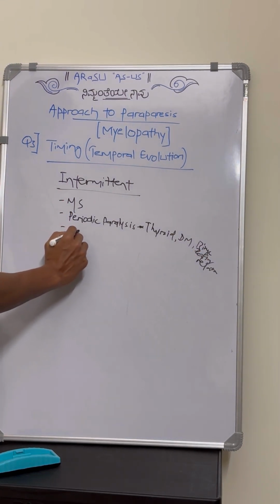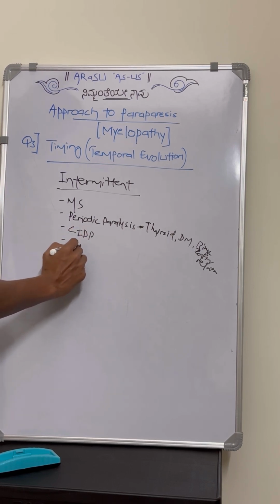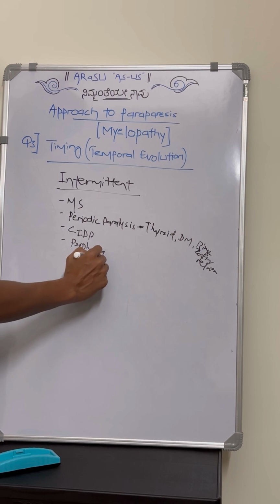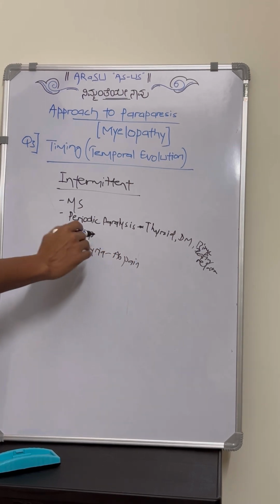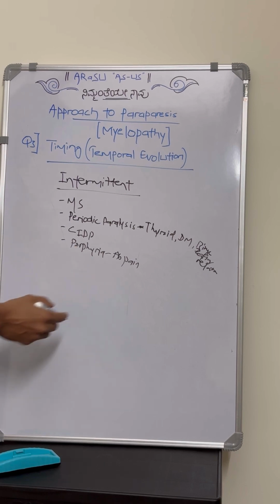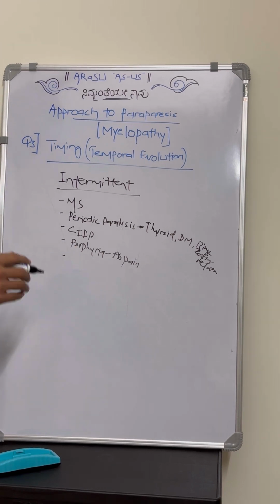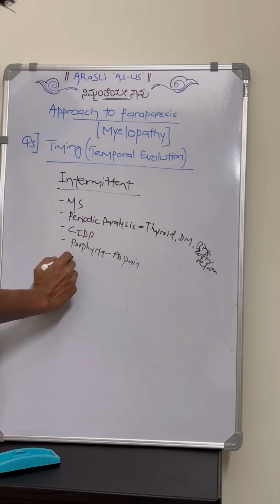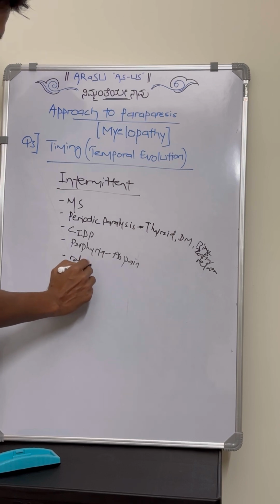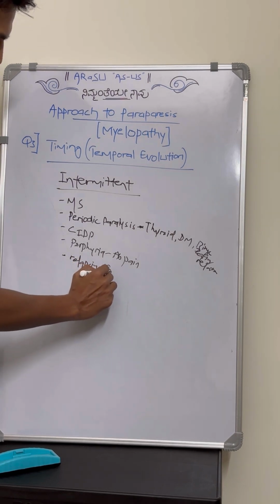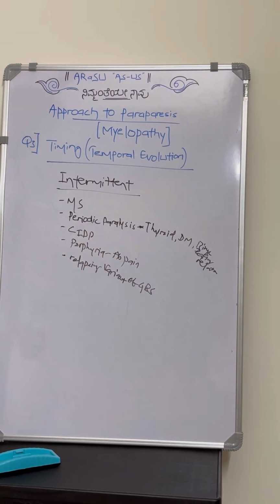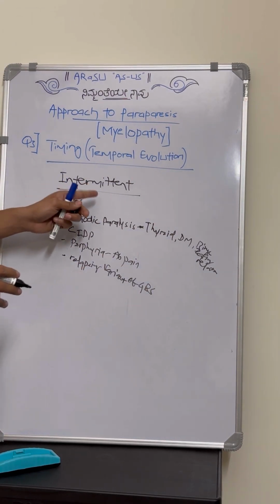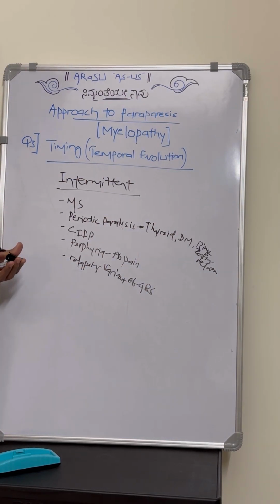Then comes the CIDP possibility and porphyrias. Associated abdominal pain history is important in porphyria. And GBS can also be possible, but very rare, like the relapsing variant of GBS. So at least these things should be in our mind whenever there is intermittent weakness.